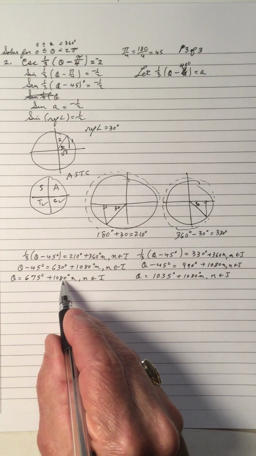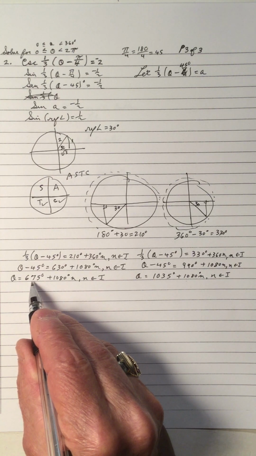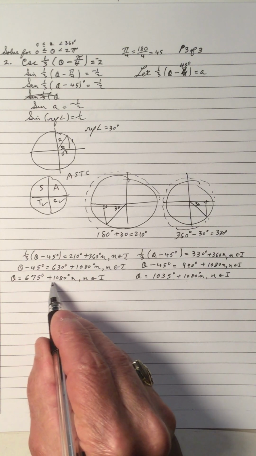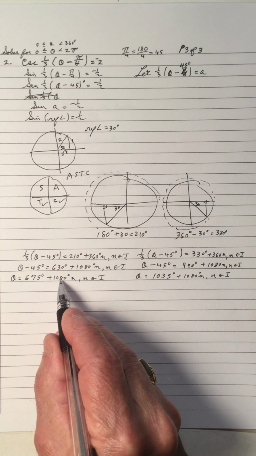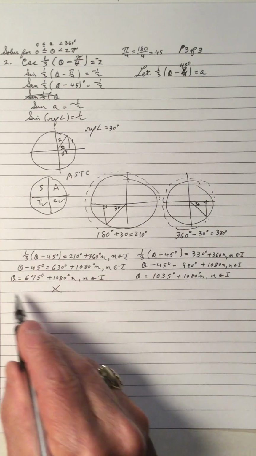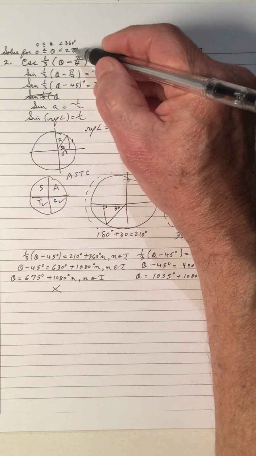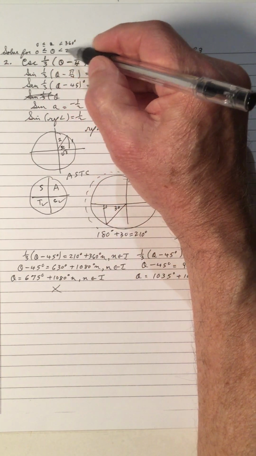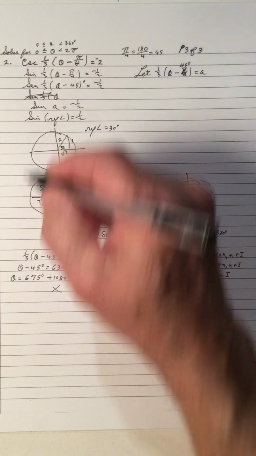No good. If n is 0, you get 675. If n is 1, you add that up and you get 1,755. So this angle won't fit between this restriction. There are many answers, but it won't fit between 0 and 360. So this one is no good.